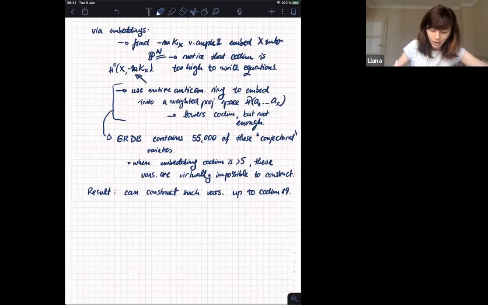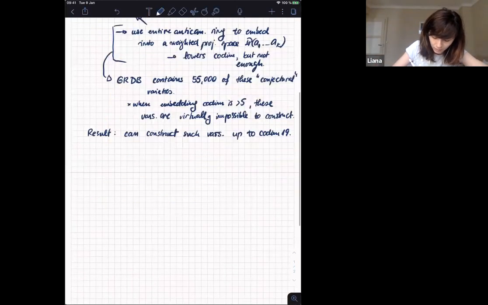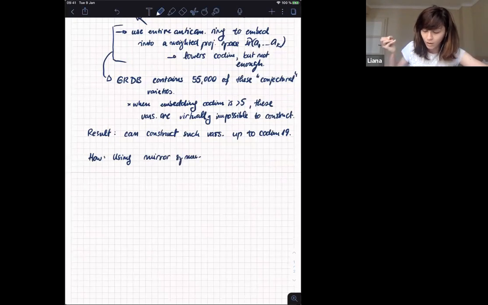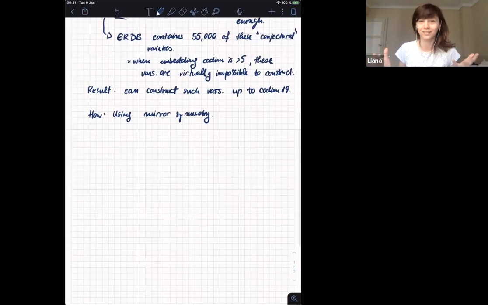Let's start. So how do we do this? Well, we use the mirror symmetry approach to classifying Fano varieties. I'm going to use a version of mirror symmetry for Fano varieties, which I find to be the simplest one for what I need to do later.